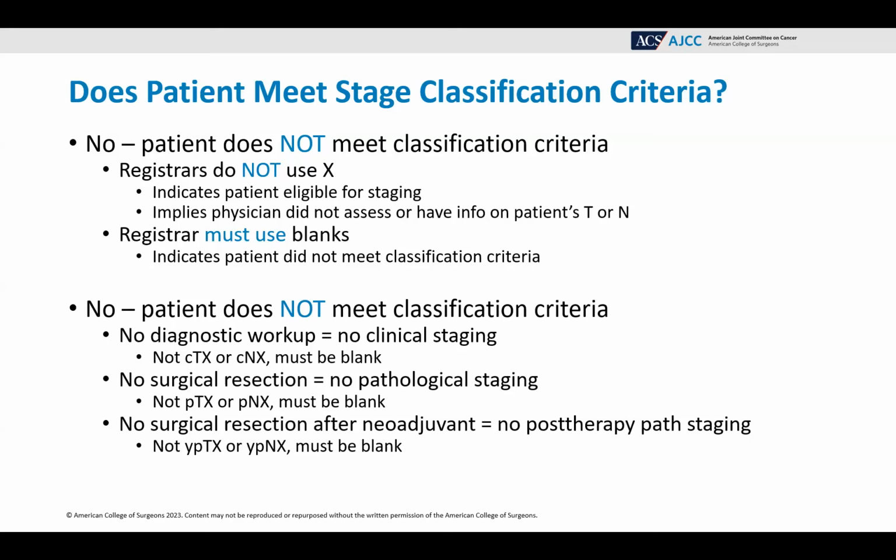In those cases, registrars do not use X. That would indicate the patient was eligible for that staging classification, clinical, pathological, post-neoadjuvant therapy staging. It implies the physician did not assess or have information on the patient's T or N. The registrar must use blanks because that indicates the patient did not meet that classification criteria.